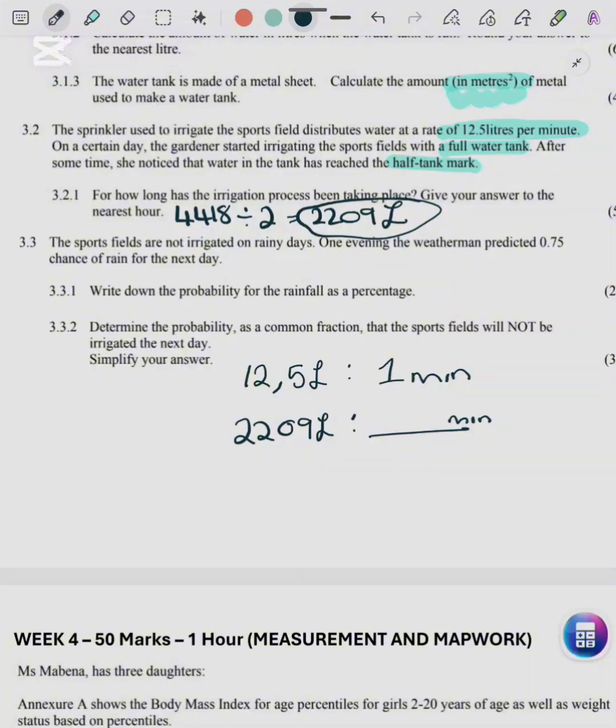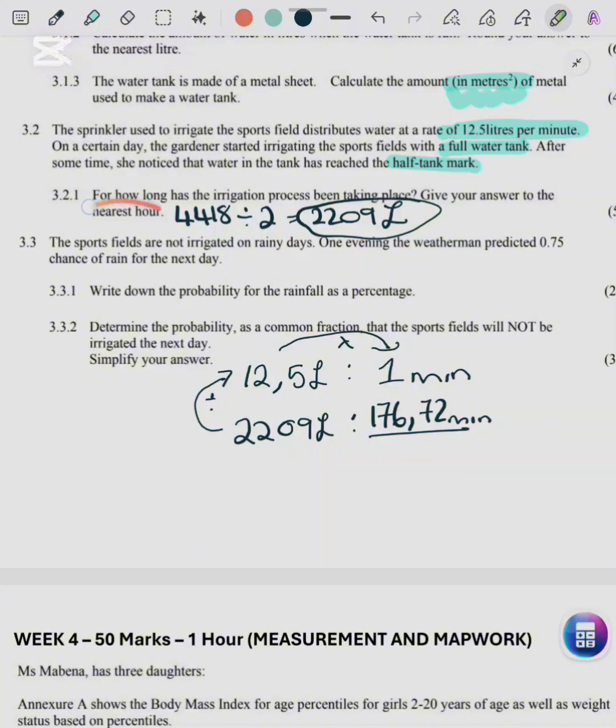And some of you will see this and go, I can just divide. Some of us prefer to use a ratio and go, well, I'm going to divide up and then multiply across. Both methods will work. And you'll get to 176.72 minutes.